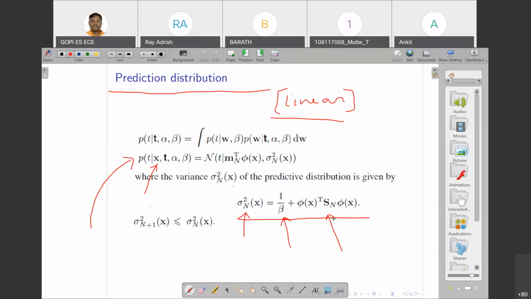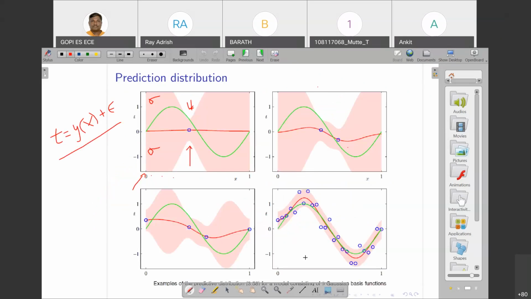As N keeps on increasing, the contribution to the variance of this predictive distribution is mainly due to the first term, the noise, rather than the second term. The second term almost ends up as 0.